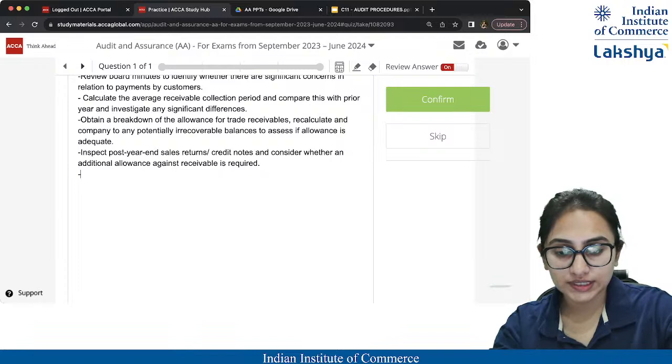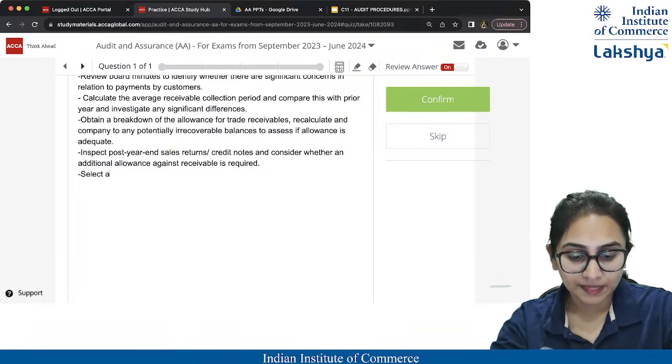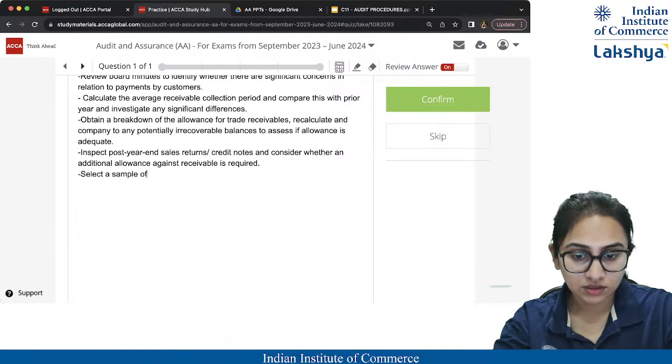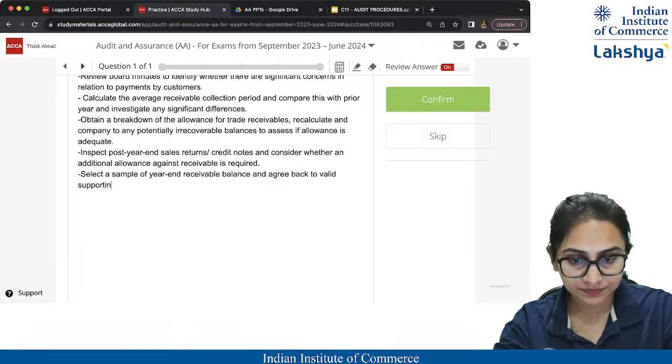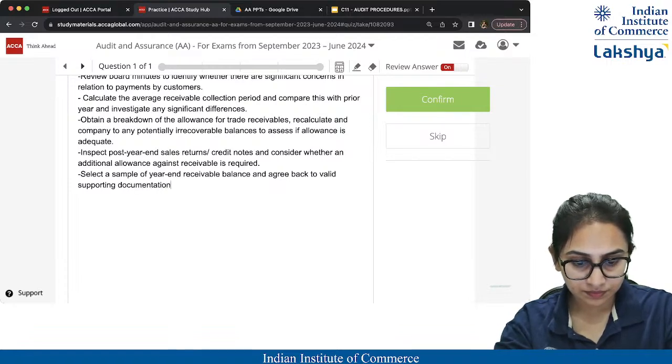Okay, so next one is select a sample of year-end receivable balance and agree back to valid supporting documentation of sales invoices.